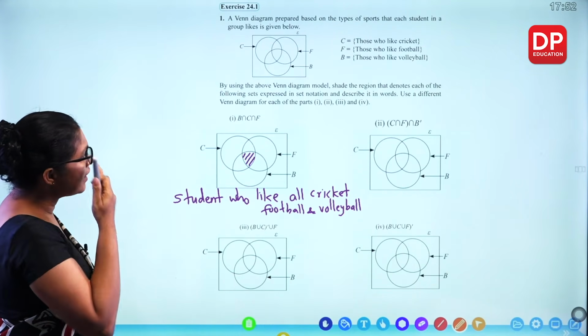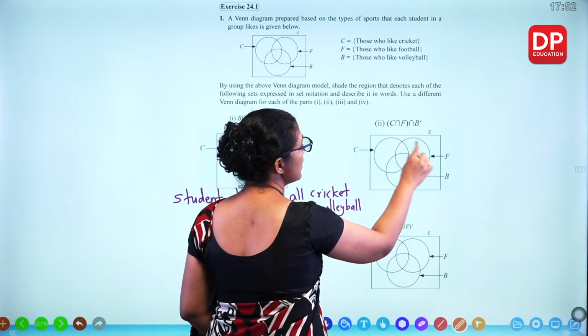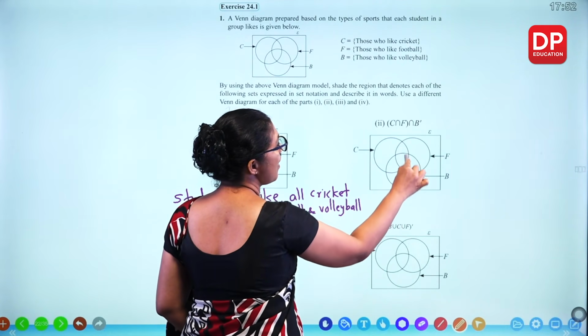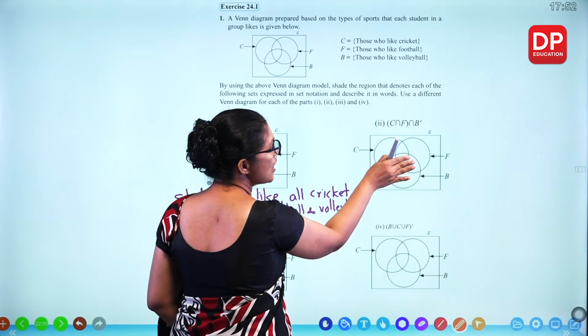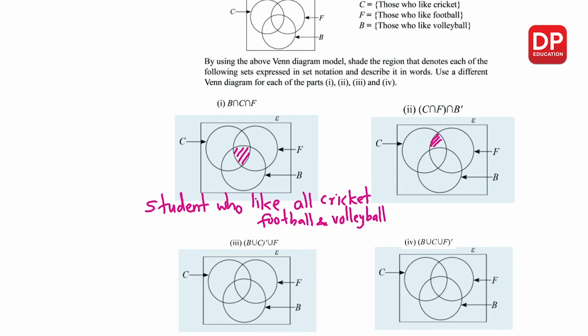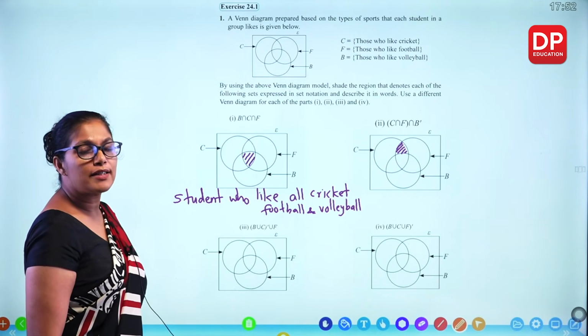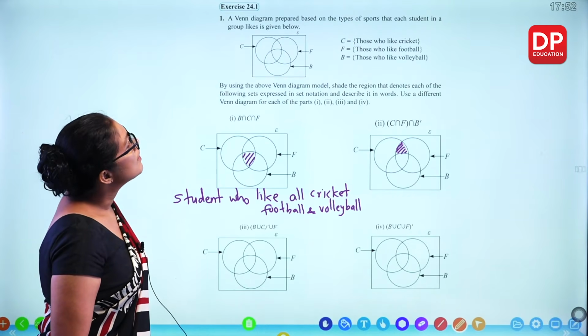Look at the second part. C intersection F. CF. That means this intersection part intersects with B dash. So you have to cover B. So what's the region? You get this part. So what does it mean? C and F means like cricket and football but not, what's B?